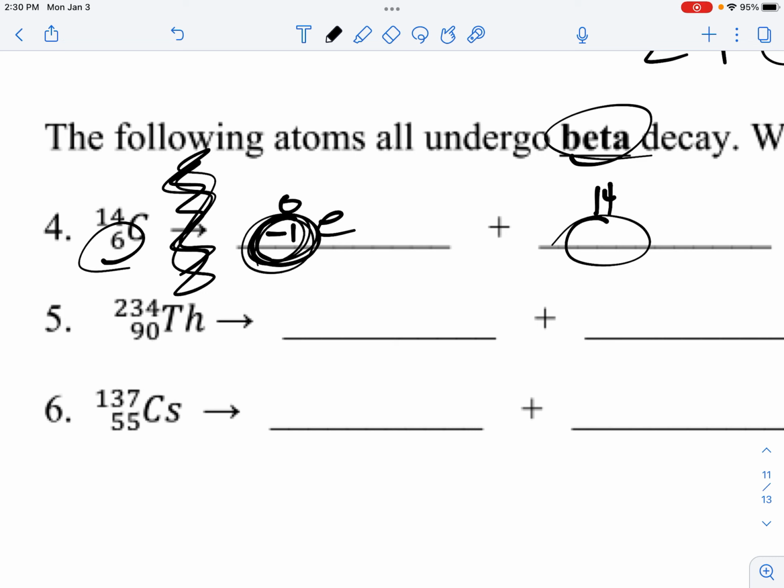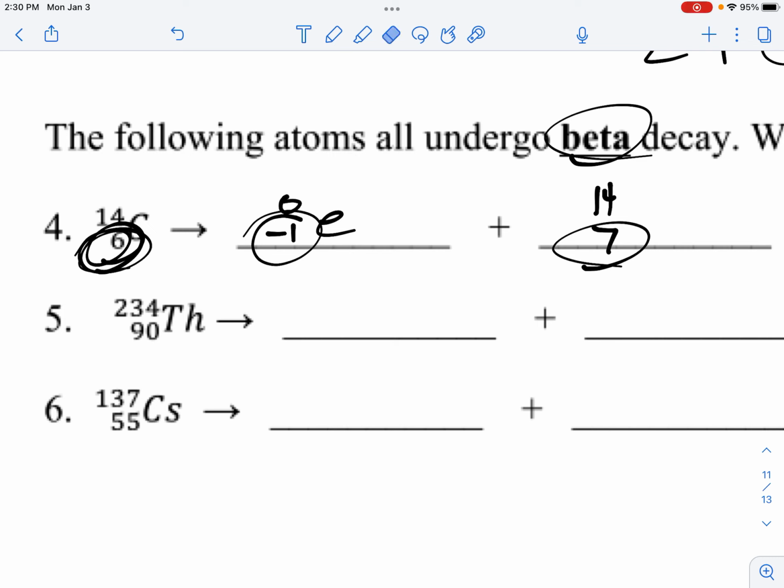Well, that number has to be 7, because -1 plus 7 gives you the 6. So the bottom number is actually going to go up in this case because you're essentially subtracting a negative. And if you remember from math, if you subtract a negative, it actually goes positive.